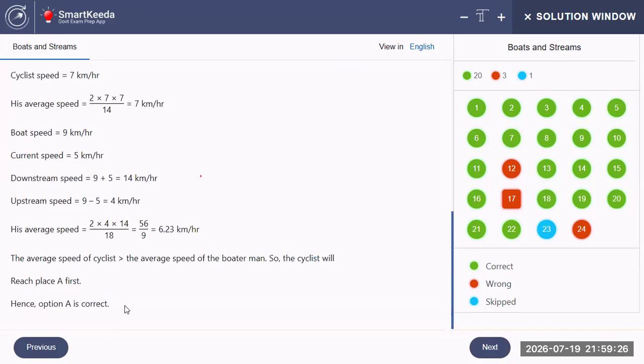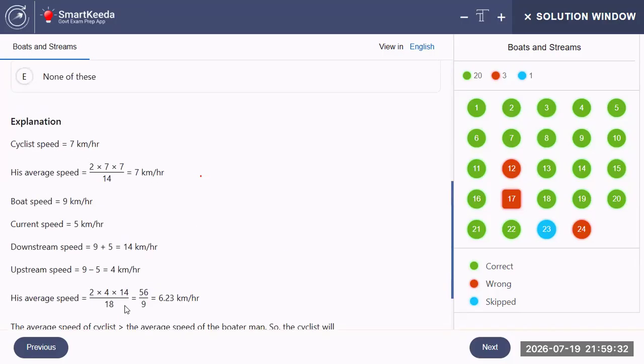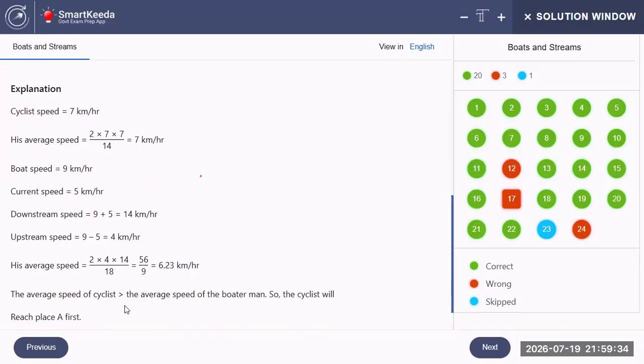The sailor's boat is 9 kilometers per hour. Speed of the current is given, which is 5 kilometers. The cyclist goes upstream and the river. The cyclist is equal to 7 kilometers per hour.